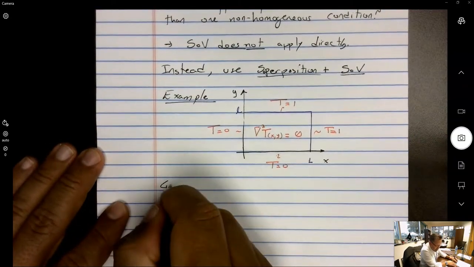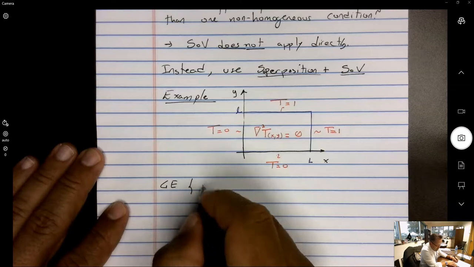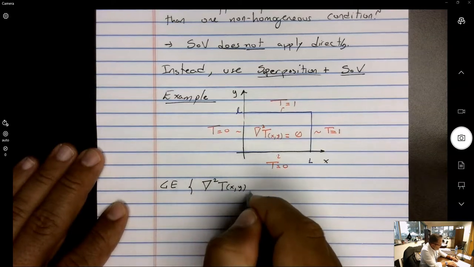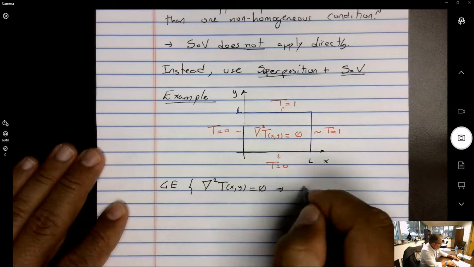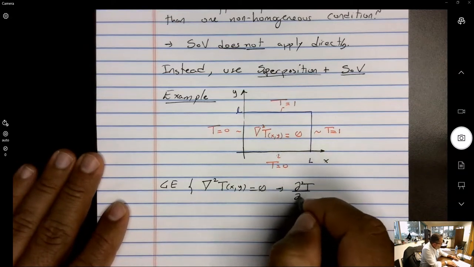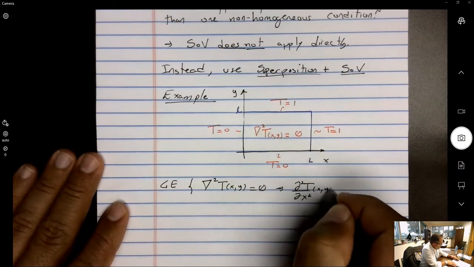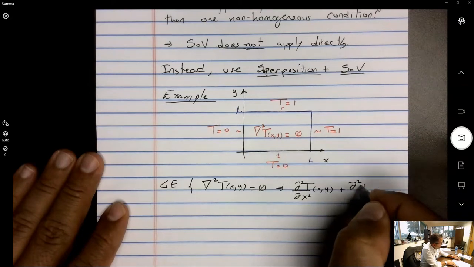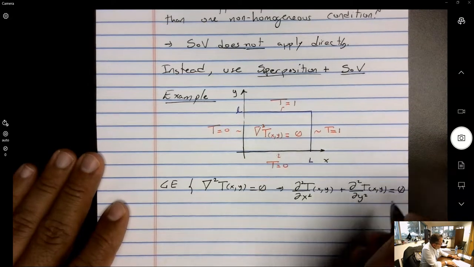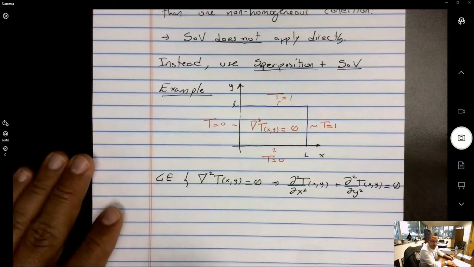So the governing equation can be formulated as the Laplace of T equals 0, which, remember, is simply d second T dx squared plus d second T dy squared equals 0. So it's the same thing, just in short form.